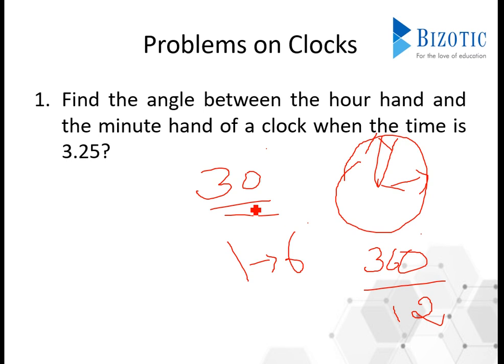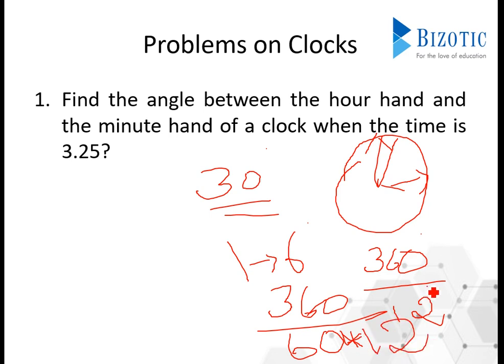In the same way, just like the minute hand moves, the hour hand will also be moving. So in 360 degrees, over 60 minutes and 12 hours, that will give you 1 by 2 degree, or 0.5 degree.